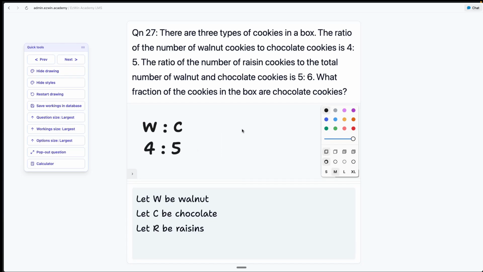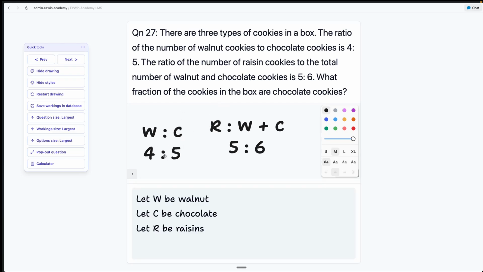We also know that the ratio of the raisin cookies, so R, to the total of walnut plus chocolate is equal to 5 is to 6, like this. So with that said, we can actually solve this.